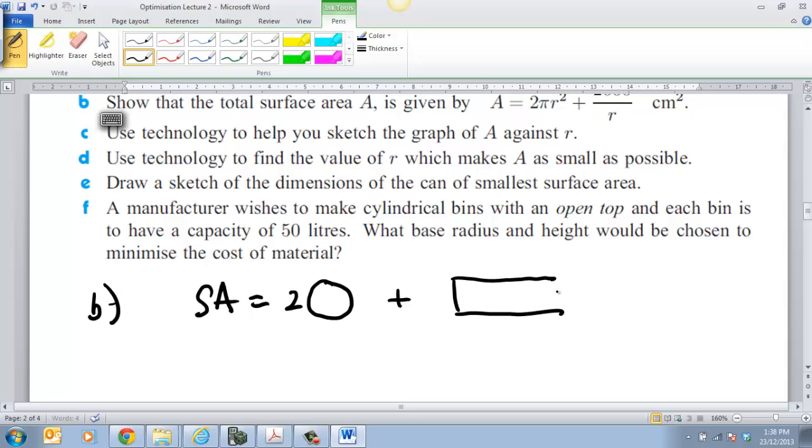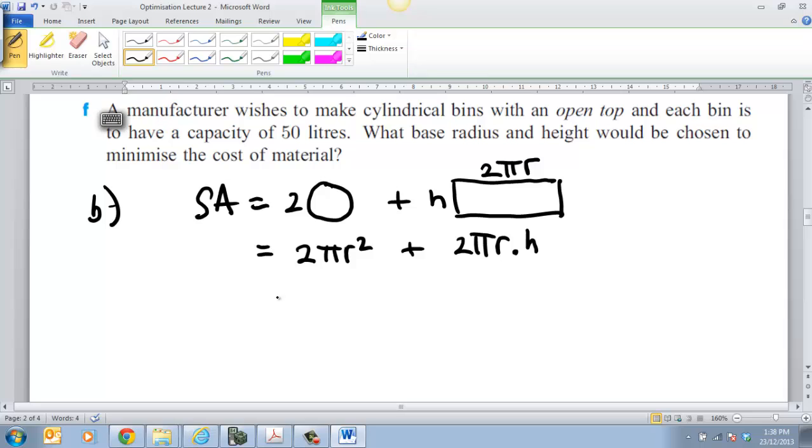If you think about opening up that shape, it has a height of h, and the width is the circumference of the circle, 2 pi r. So that's 2 lots of pi r squared plus 2 pi r times h. Now we know that h is equal to 1,000 over pi r squared.